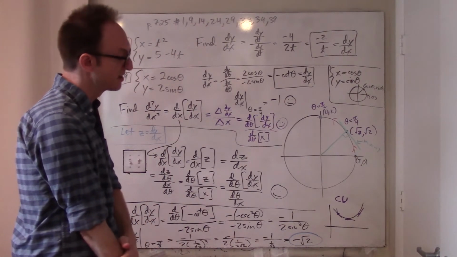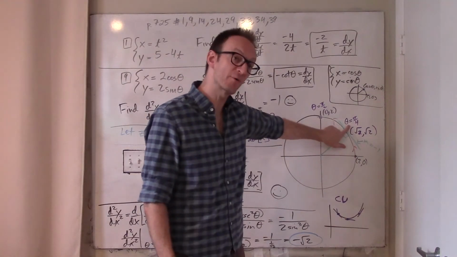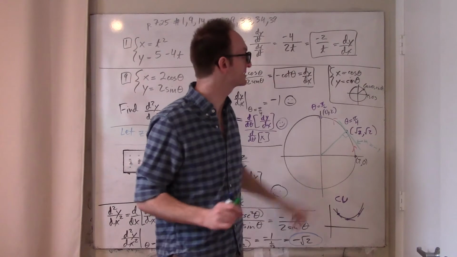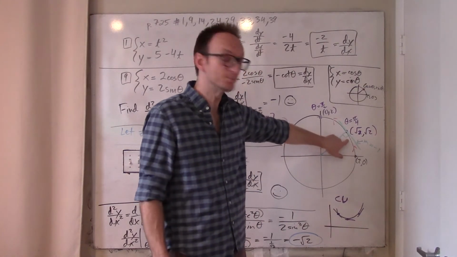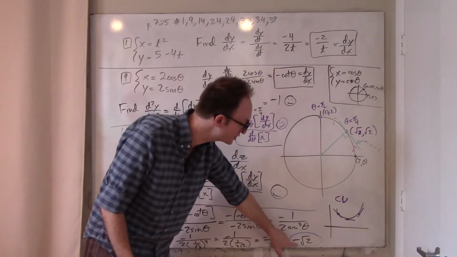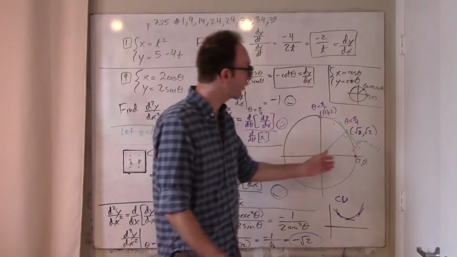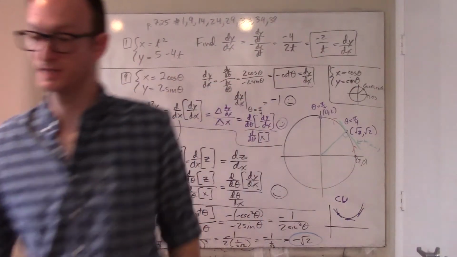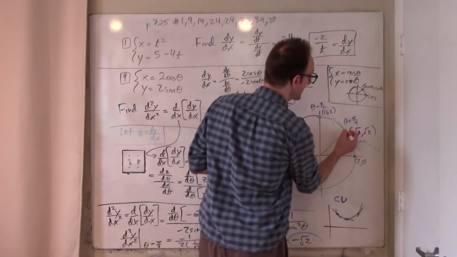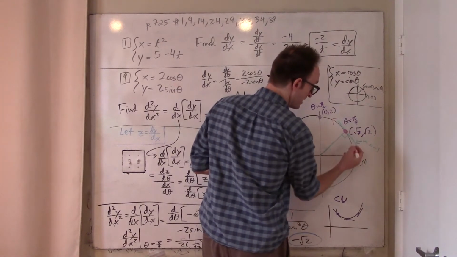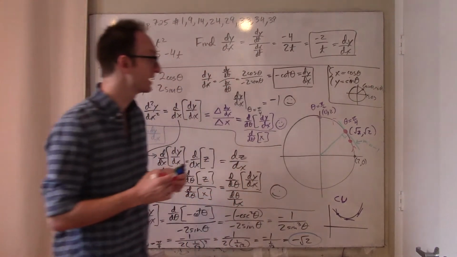This means that at theta equals pi over 4, which lands us at root 2 comma root 2, not only is the slope negative 1, but the slope is changing at a rate of negative root 2. Which means, for a small change in x, in other words, inch forward ever so slightly in the x direction, which means moving like from here to here, okay?